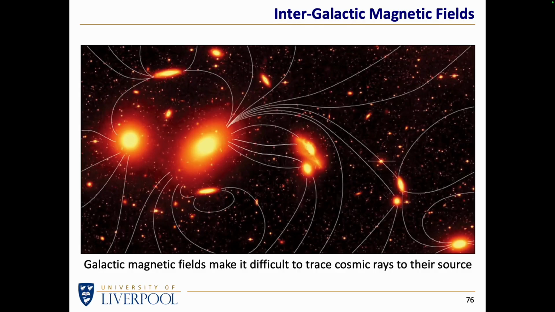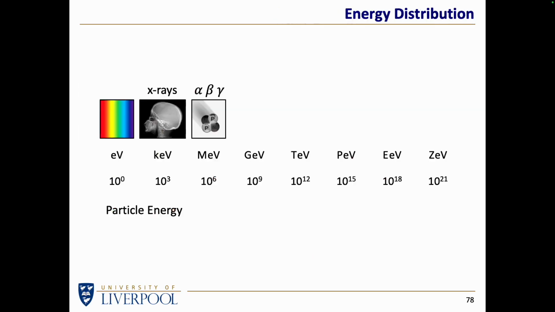The only saving grace is that we think the most energetic particles will be least affected by magnetic fields. So although we don't know necessarily where the magnetic fields are and how they're oriented, if we concentrate on only those most energetic cosmic rays, hopefully they'll cut through the magnetic fields and hardly be deflected at all, and hence we will be able to point to the smoking gun of which object has produced all of these cosmic rays.